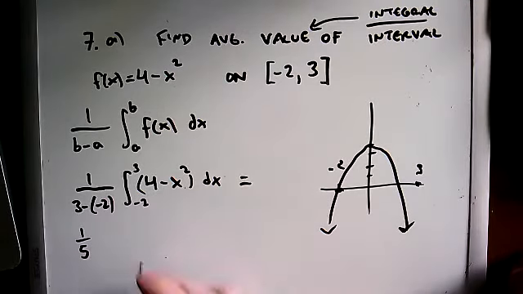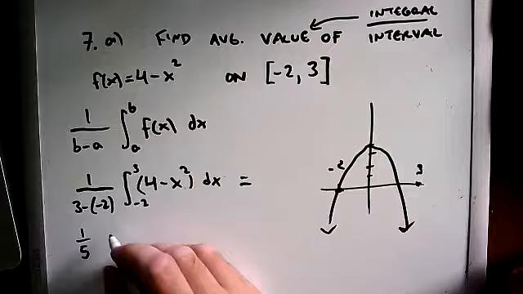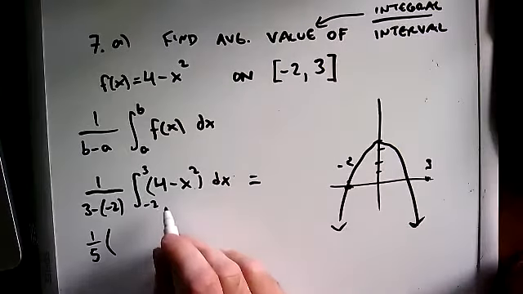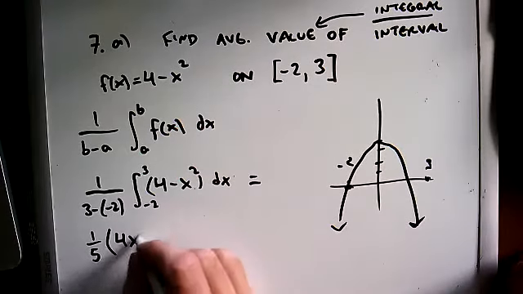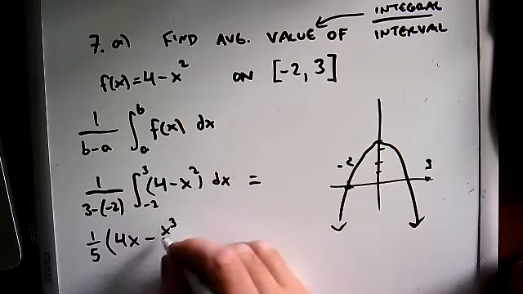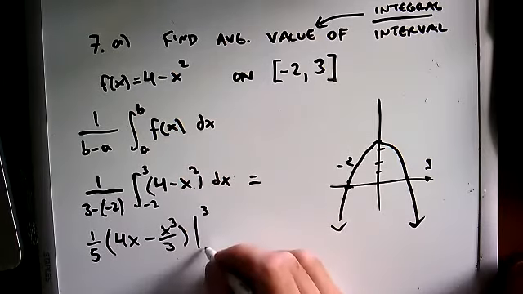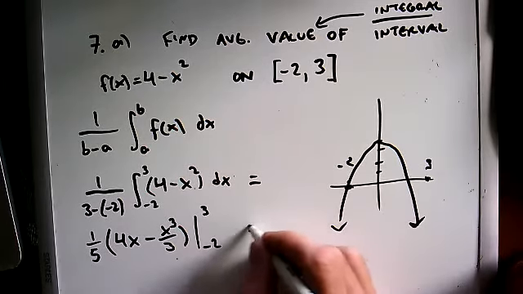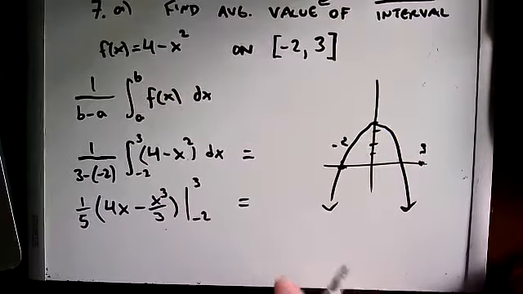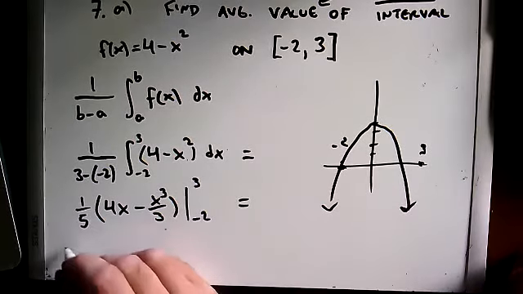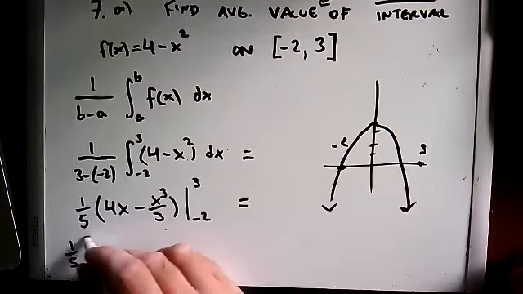And I'll evaluate my antiderivative now. So we have 4x minus x cubed over 3. That's going to be evaluated at 3 and -2. And so we'll get that 1/5 out.